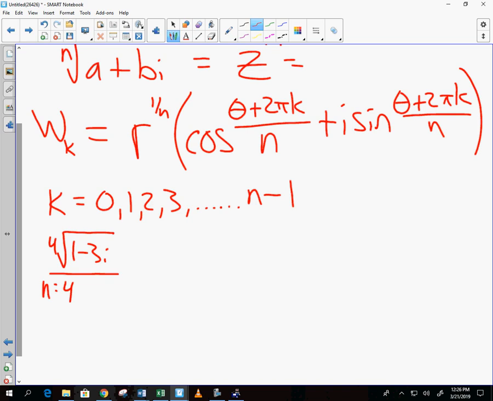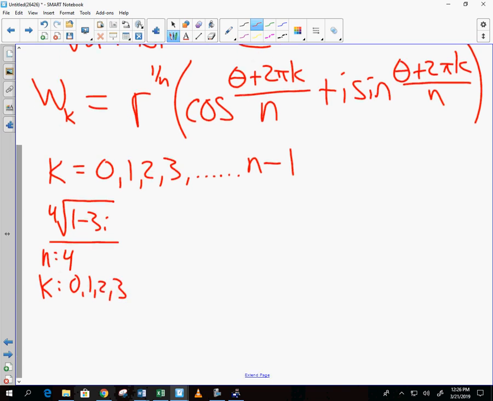So then here's the thing about k. K happens to be 0, 1, 2, 3, 4, all the way up until n minus 1. Well, if n is 4, then what's n minus 1? So k is going to be 0, 1, 2, and 3. Notice how many k values do I have? 4. It matches with my degree.